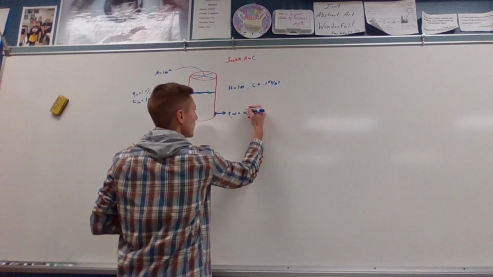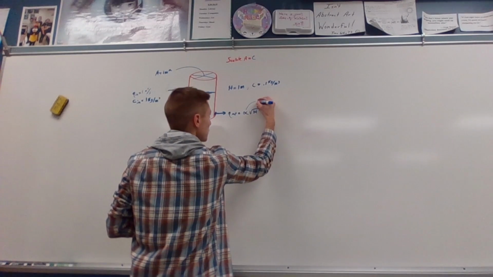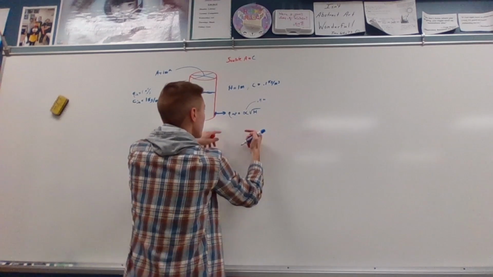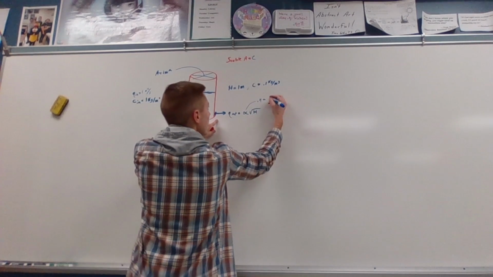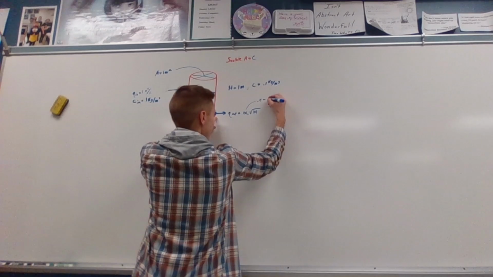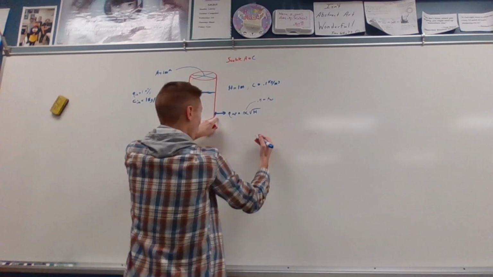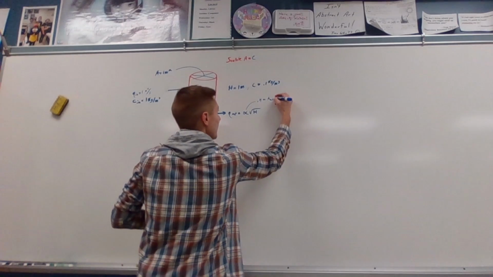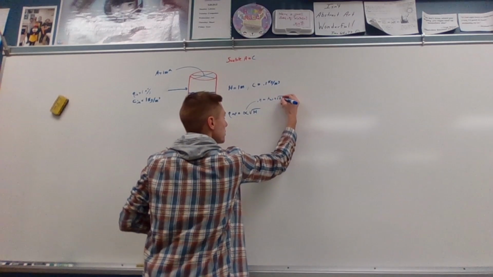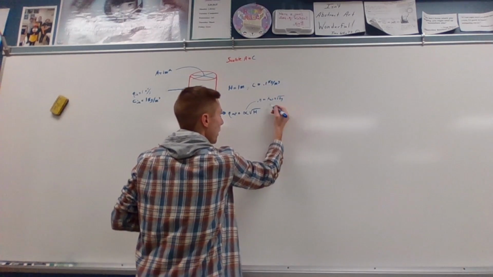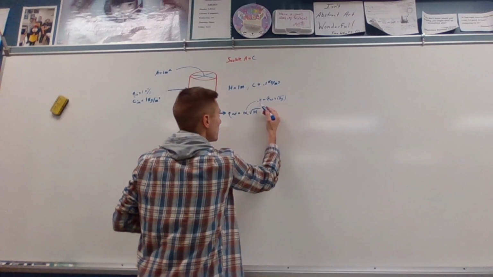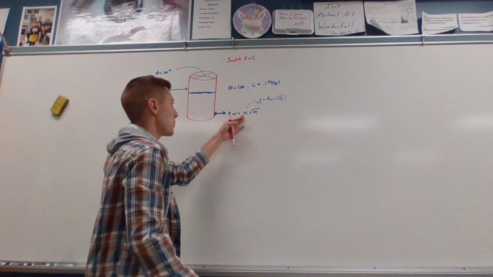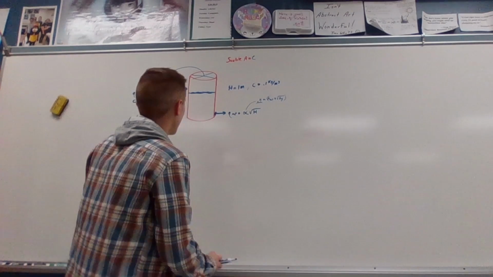Alpha will be equal to something, I'll go into that in a second. So our alpha here is going to be equal to 0.4. Our alpha stands for the area of the hole, the cross-sectional area of the hole that is letting out this flow rate, times the square root of 2 times the gravitational constant. But this is not really important right now. We're going to be using our value of 0.4 in the coding, but for the derivation purposes, we're going to leave it in terms of alpha.